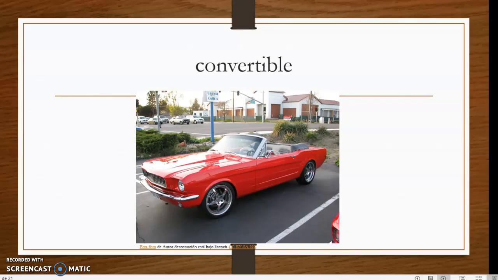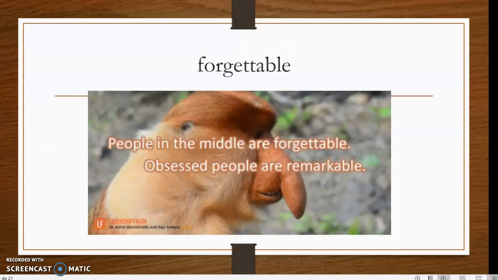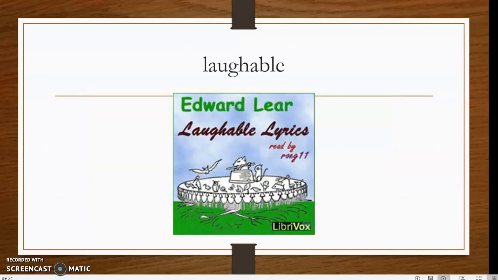Okay, the next word we have is forgettable. Something that is easy to forget. Maybe a movie you watched once that did not catch your attention, or maybe a joke, something that is very easy to forget. Laughable. A joke, a story, something that is funny. It's laughable.